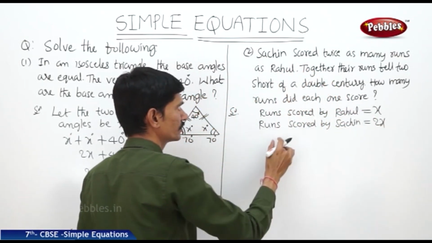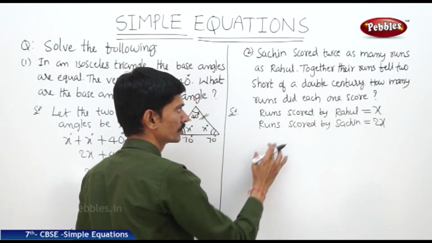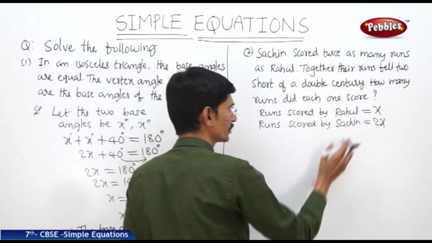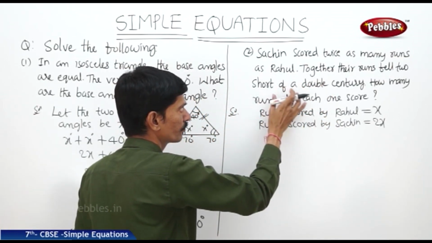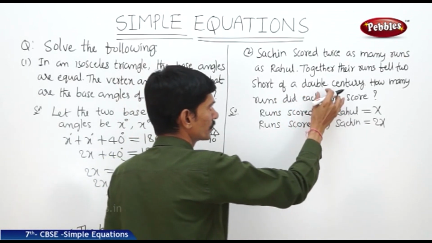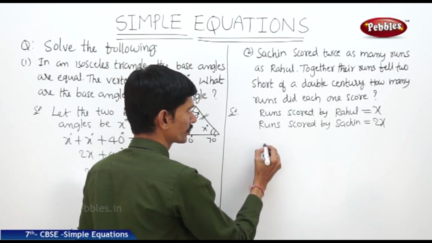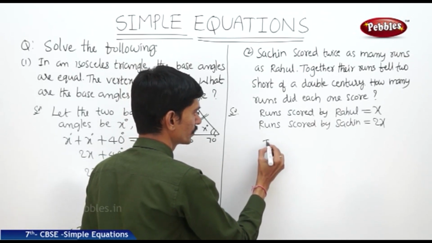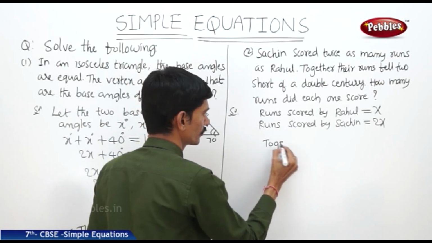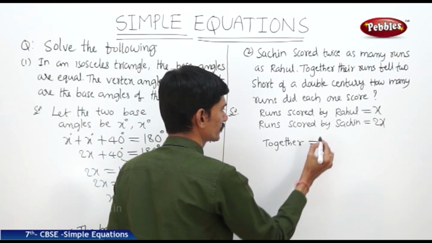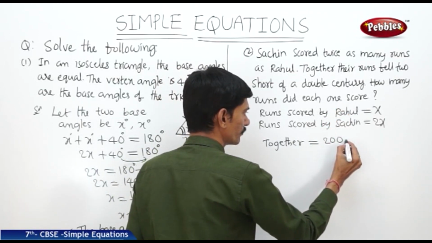So the number of runs scored by Sachin is twice the runs scored by Rahul, so we can take 2x. And together, the runs scored together is too short of a double century. So together equals to, double century means 200 and too short means minus 2.